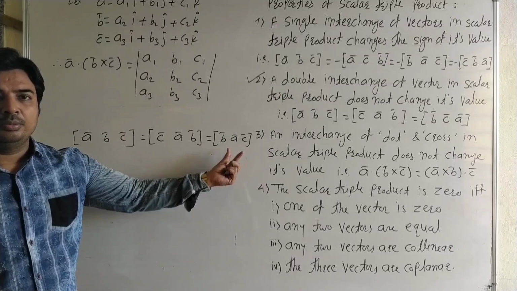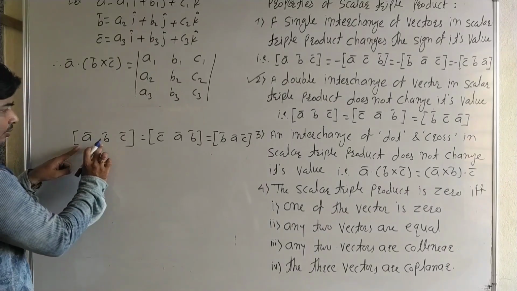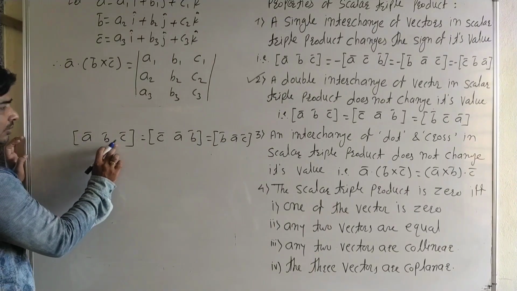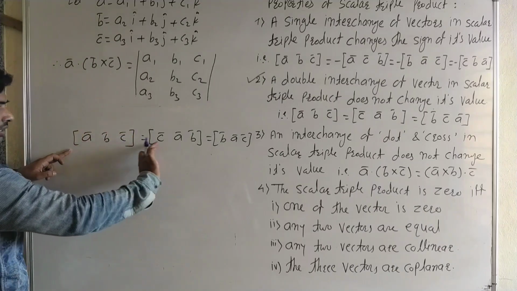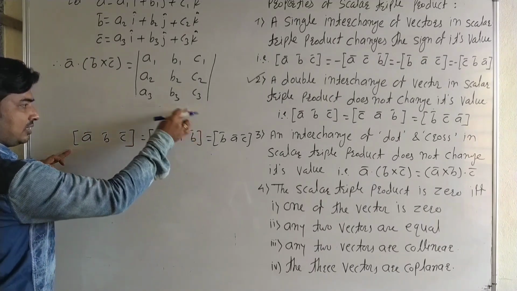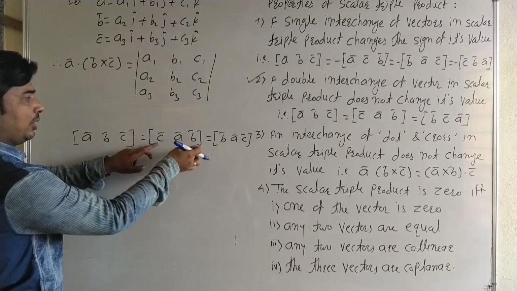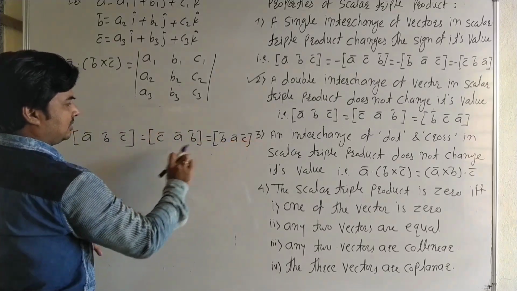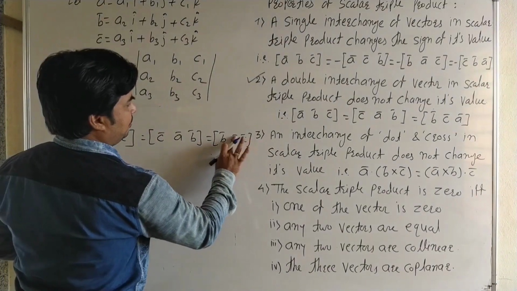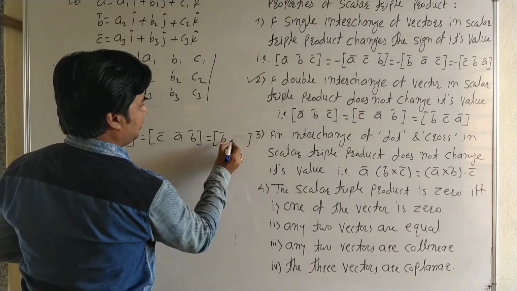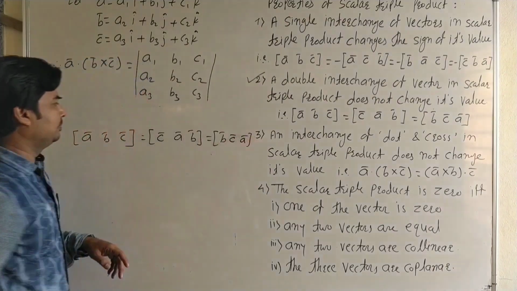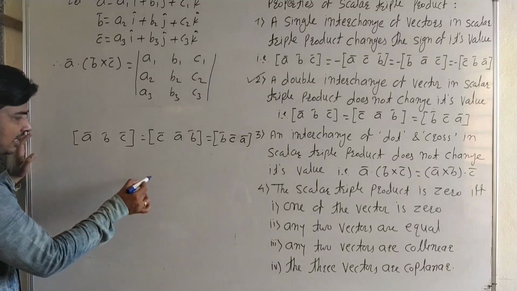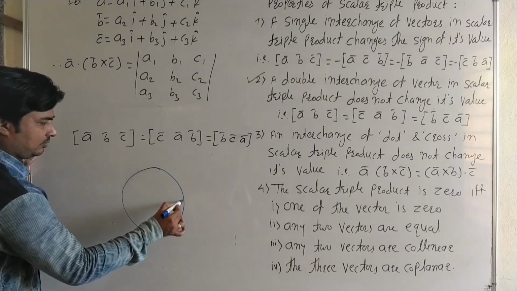Here A B C, the triple product of vectors A B C, then C becomes first, then A and B. Now B becomes first, and then it is B C A. That is the cyclic interchange of a vector.